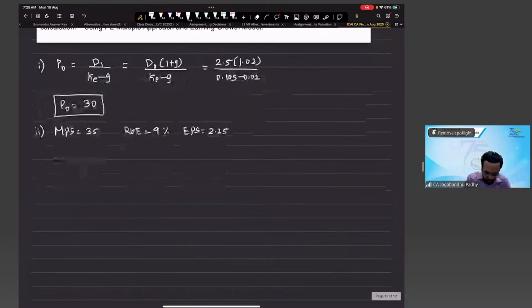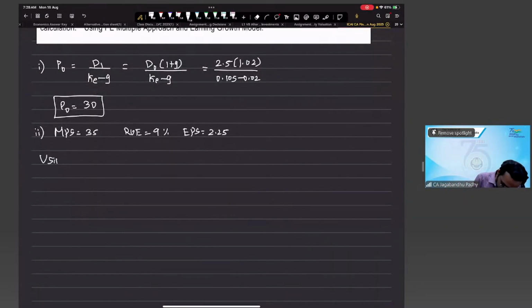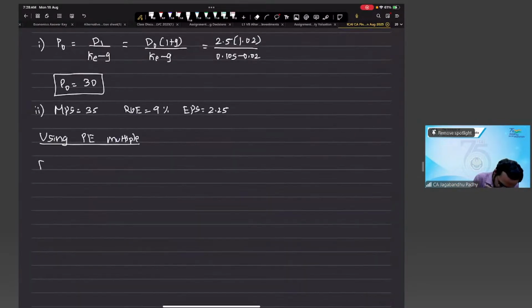So first let us talk of the P multiple approach. Now, using the P multiple, we have the earnings per share as 2.25. Earnings per share is given as 2.25, right?